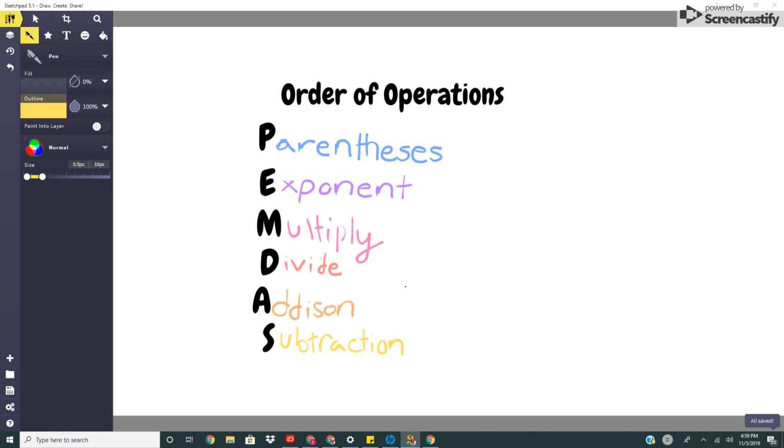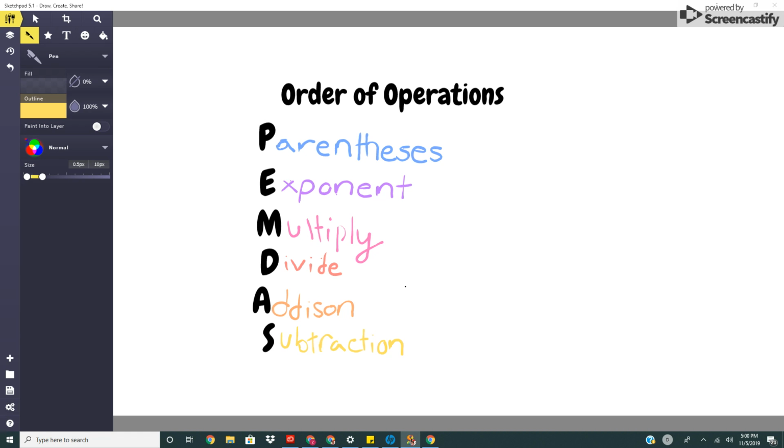Okay, we have subtraction. So I'm just going to put a little bubble around the pairs. We have M and D, and then we have A and S. Now, P and E are not a pair. They are just another operation going in order. You cannot switch those around. But you can switch M and D if it goes from left to right.